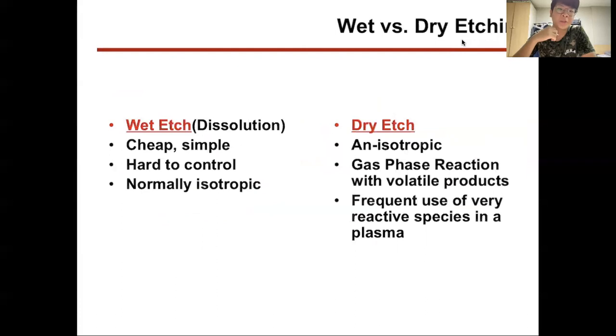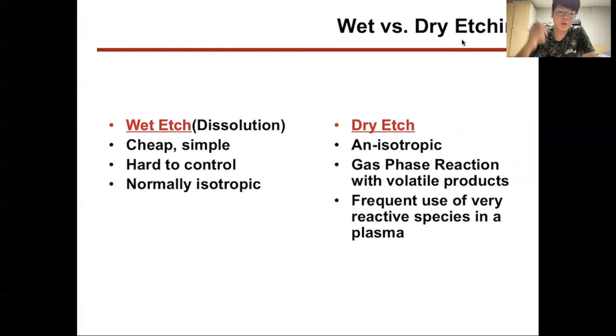And there is wet etch and dry etch. First, the wet etch. Wet etch uses something like acid to remove silicon or any other materials selectively. It is cheap and easy to perform. However, it is normally isotropic. And there is dry etch.